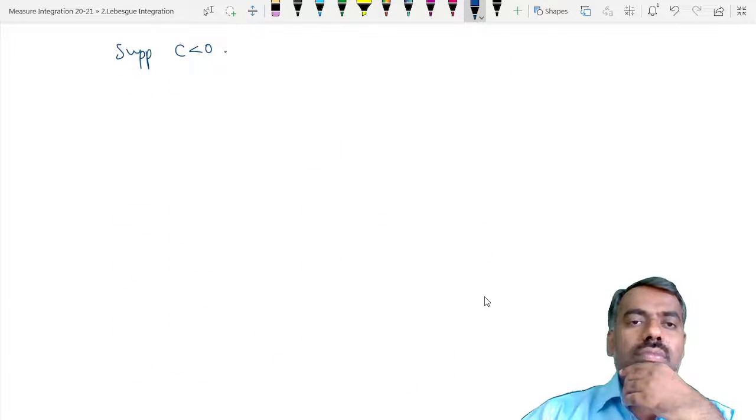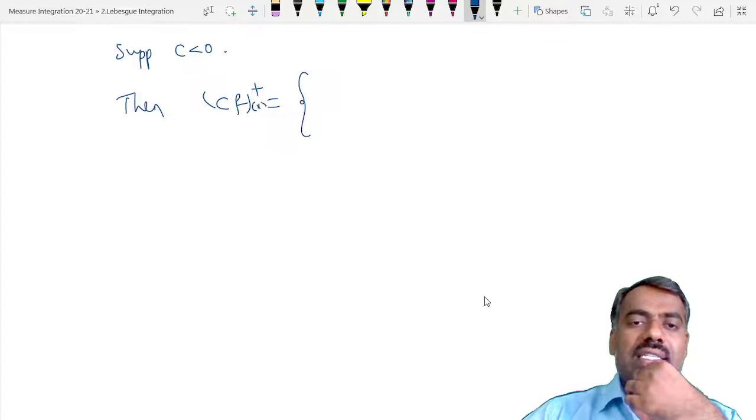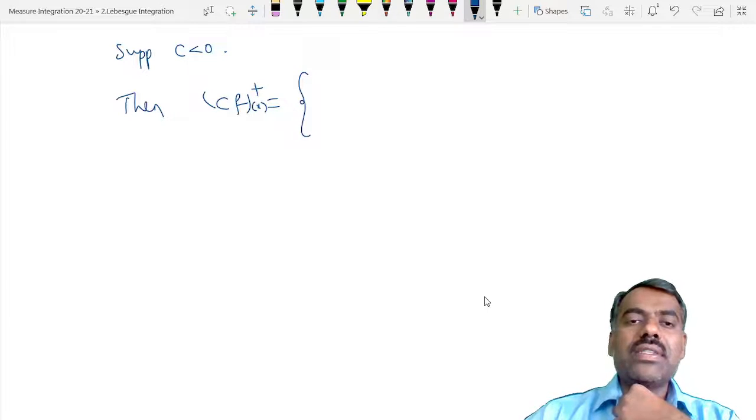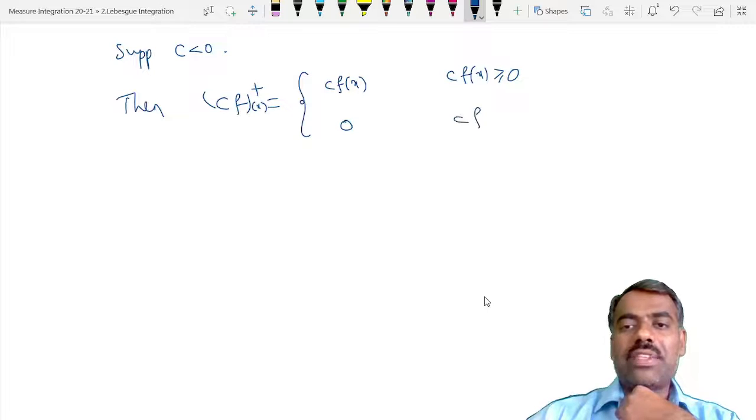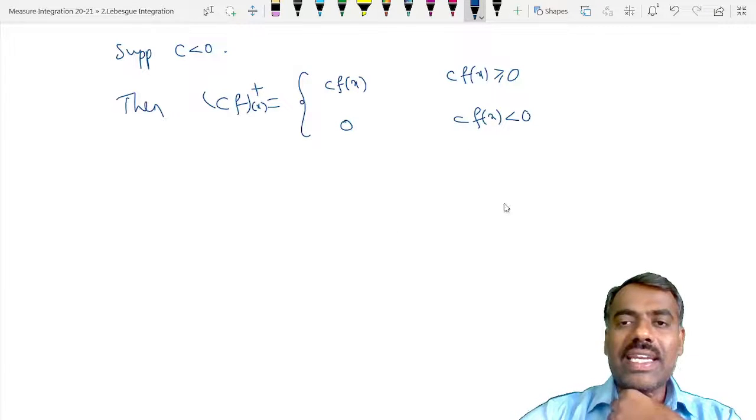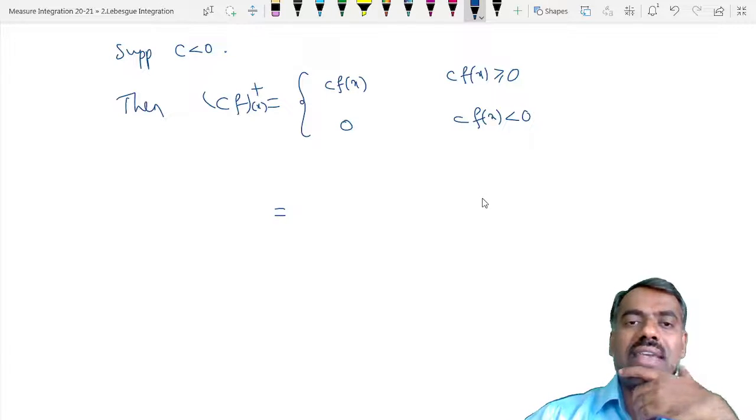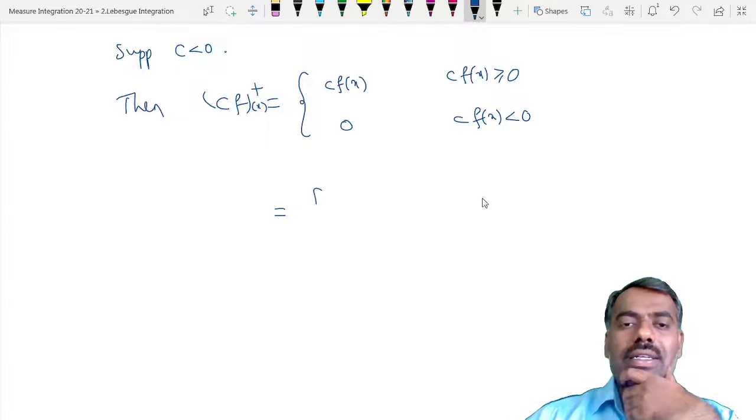Now, suppose c is less than 0, then what will you get? Can you quickly tell me what is cf plus of x? It is c times f of x if c times f of x is greater than or equal to 0, and 0 if c times f of x is less than 0, right? But can I take it the same way? That means what will this f of x become?